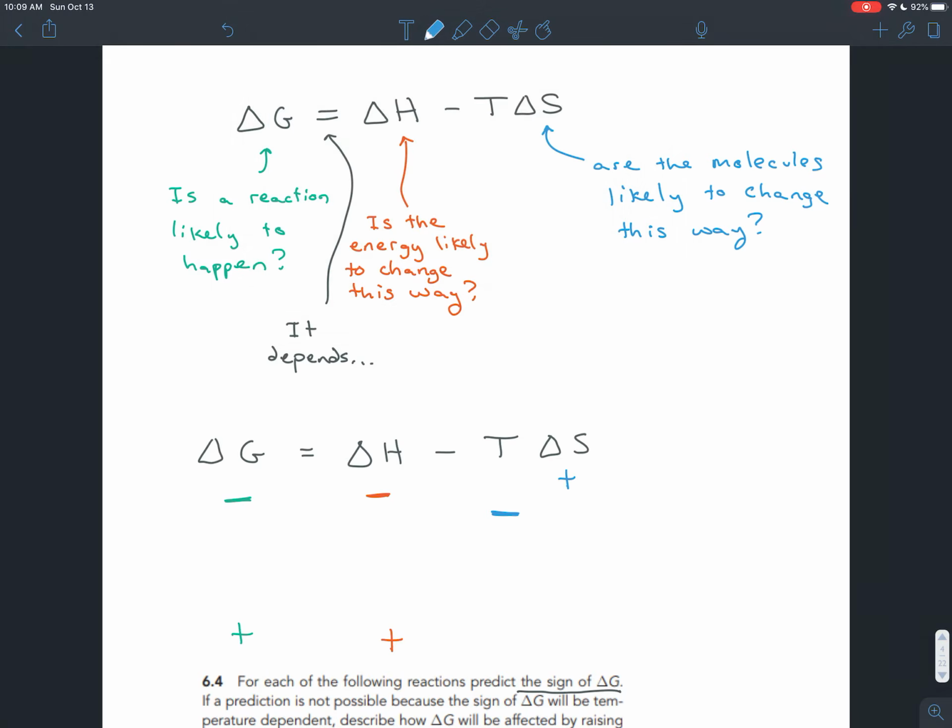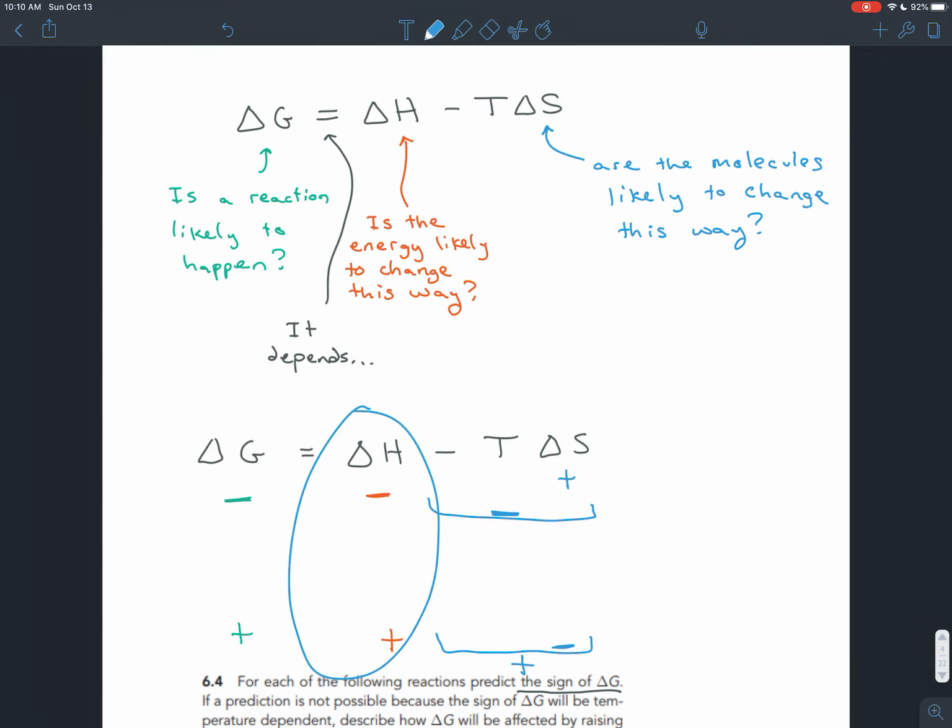If the entropy decreased, so you go from more molecules to fewer molecules, or a straight chain to a ring, and delta S is negative, you subtract that term. When you subtract a negative, you get a positive, and you can see that reaction will never happen.